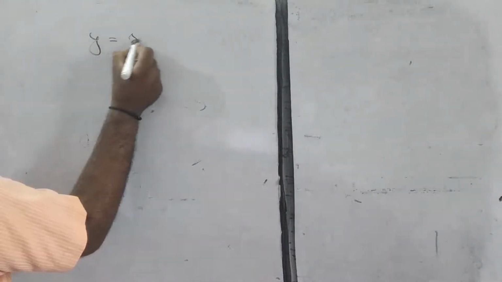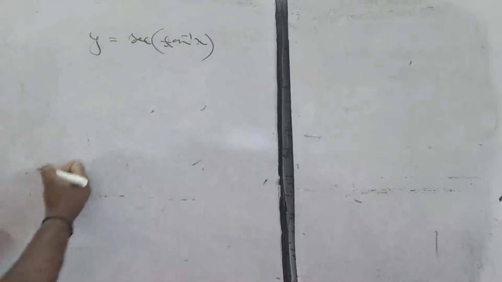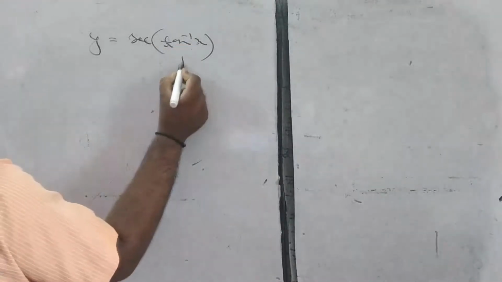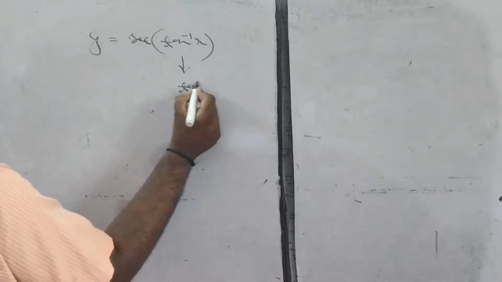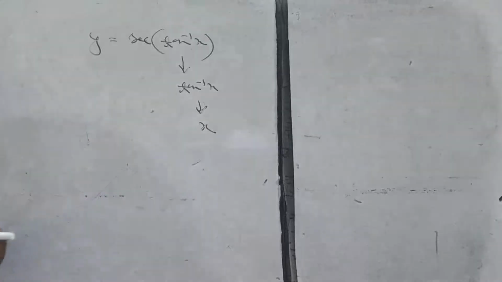Now differentiation of y is equal to sec tan inverse x. Here sec tan inverse x depends upon tan inverse x, and tan inverse x depends upon x.